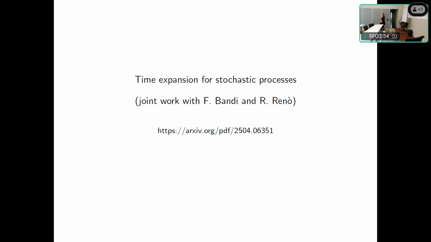So there are different ways to do it. We wanted to do it in a way that is sufficiently simple and applicable, without resorting to all these spaces, just to see if we can make our life easier. This was the goal of this paper. Federico Bandi is at Johns Hopkins and Roberto Renaud is at ESSEC in Paris.